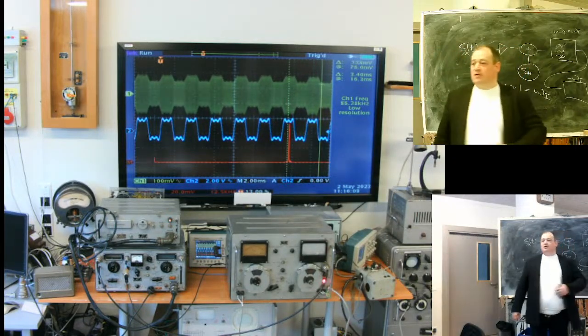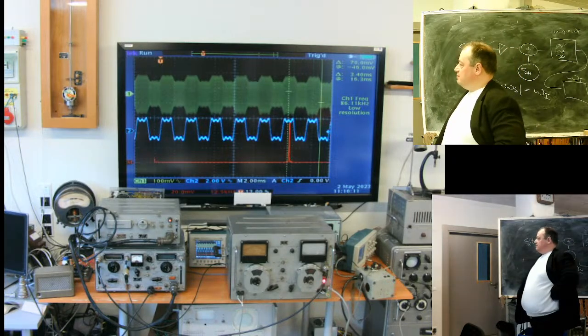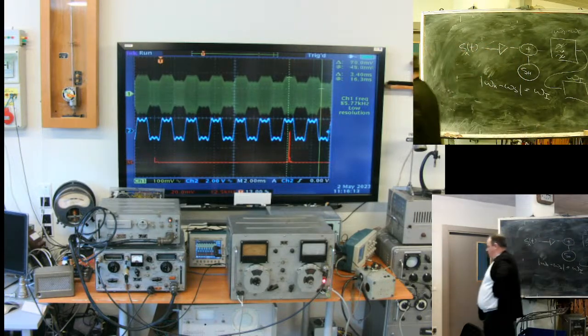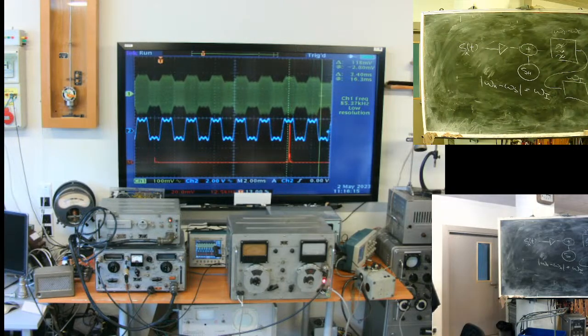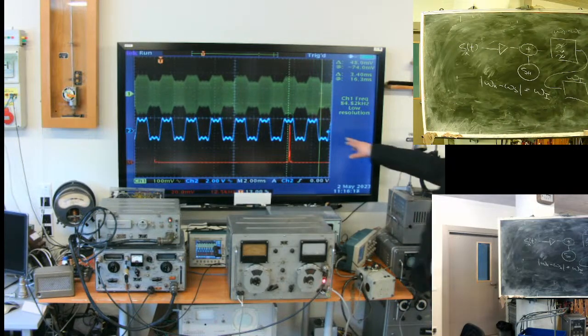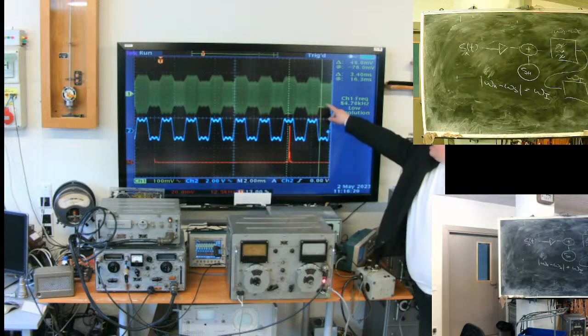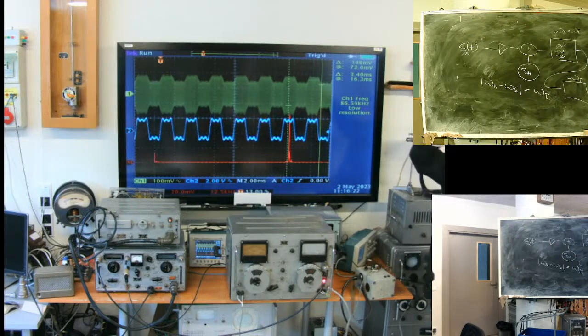Did we see something like this before? Modulating signal, our rectangles, and modulated signal.